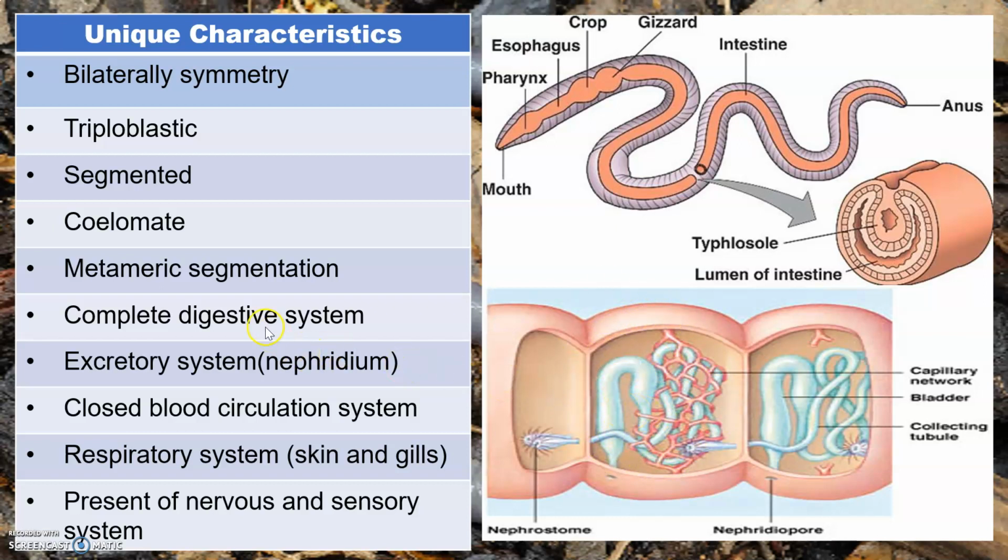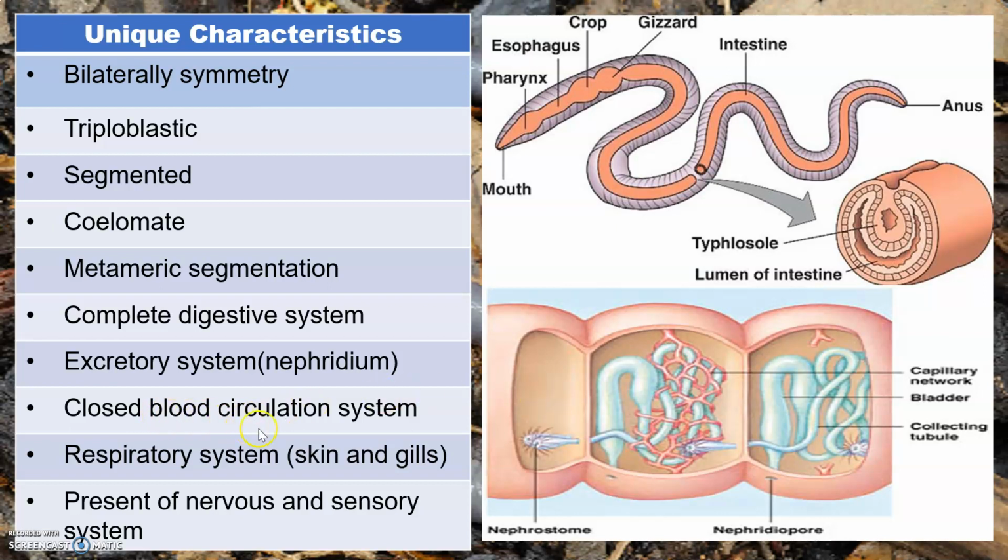They have a complete digestive system, meaning that it has a mouth, intestine, and then anus. The excretory system is through nephridia, meaning that it is a bit advanced compared to just using protonephridia in the Platyhelminthes.